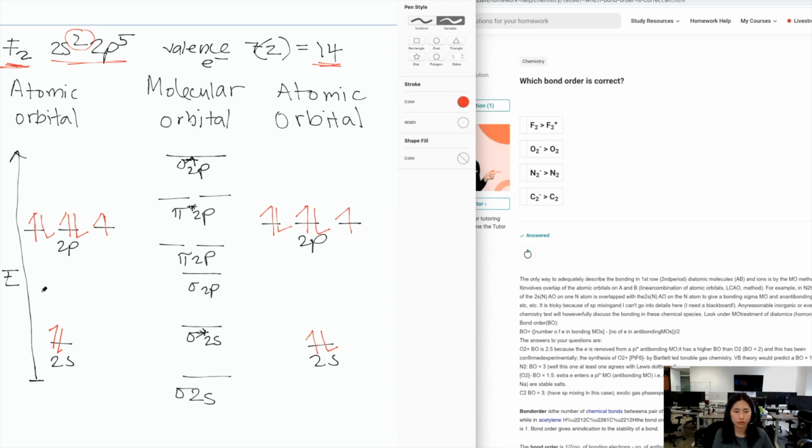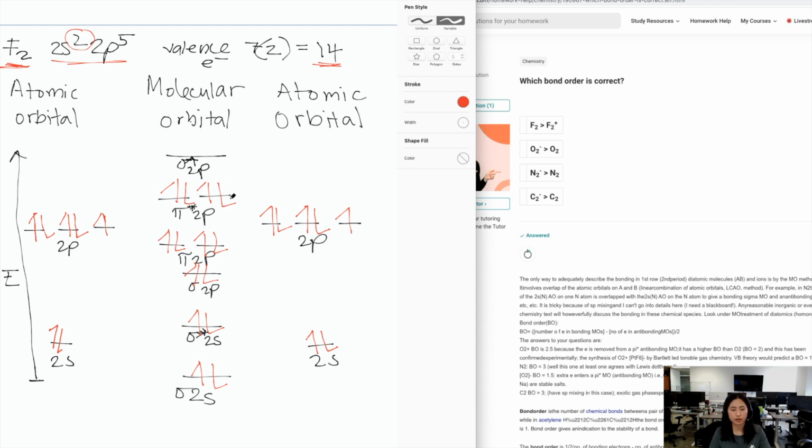And then for your molecular orbital, because you have 14 valence electrons, you start from the lowest energy level. And again, Hund's rule applies. That means you have to fill in your orbitals with the same spin first before you go ahead and put the opposite spin. So 14, so we have 1, 2, 3, 4, 5, 6, 7, 8, 9, 10, 11, 12, 13, 14.